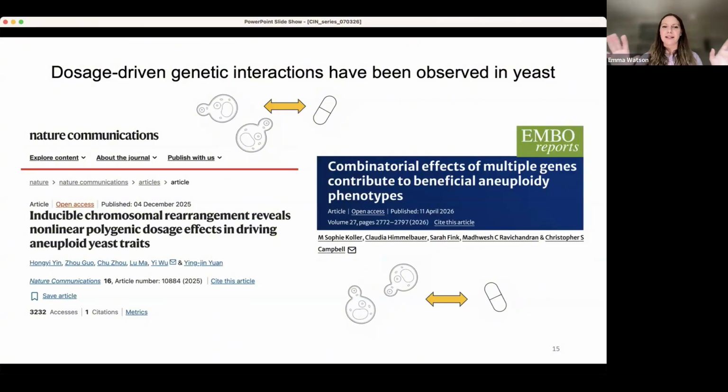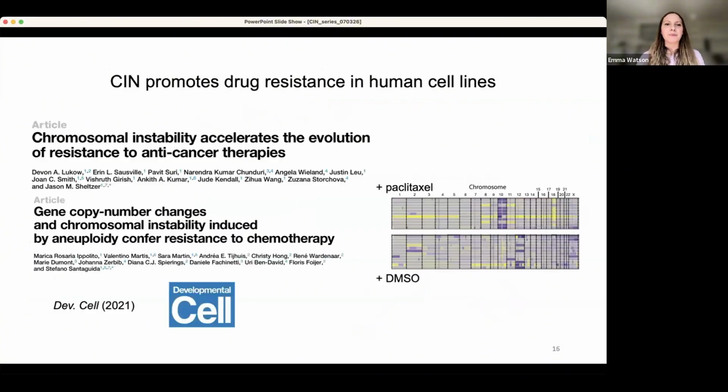And so in yeast, very powerful genetics. There's a lot of work being done in this realm there. So we wondered whether this could also be true in humans.